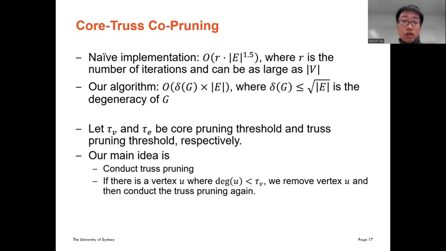We design a more efficient algorithm with time complexity equal to O(delta(G) times the number of edges), where delta(G) is the degeneracy of G. In our algorithm, we first let tau_V and tau_E be the core pruning threshold and truss pruning threshold respectively. Our main idea is to first conduct the truss pruning, and then if there is a vertex u with degree less than the core pruning threshold tau_V, we remove this vertex u and then conduct the truss pruning again.